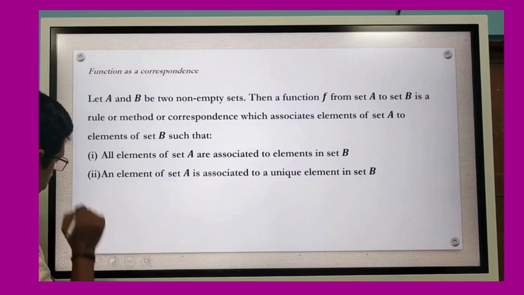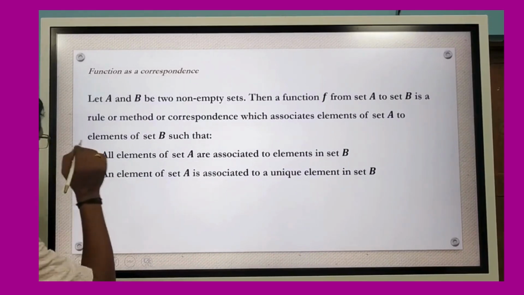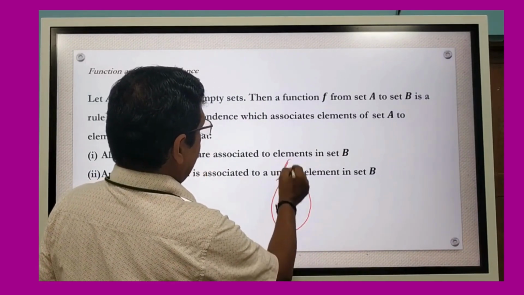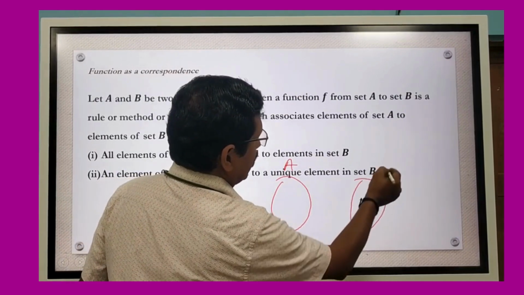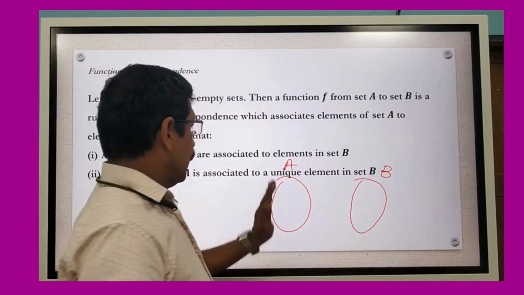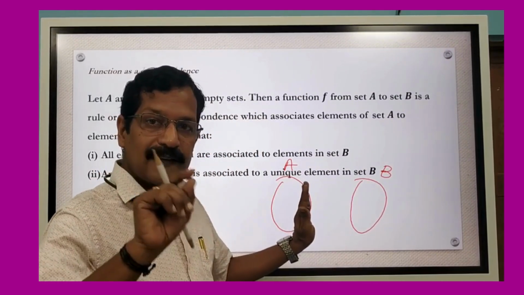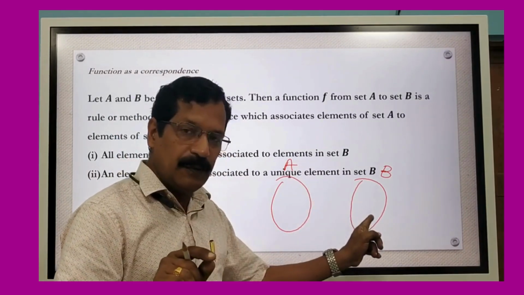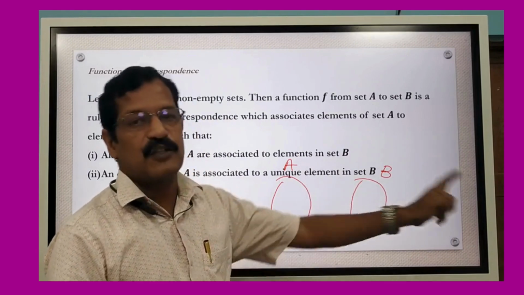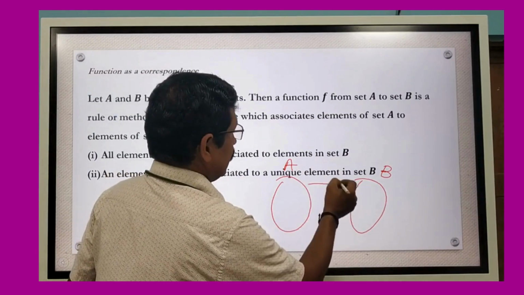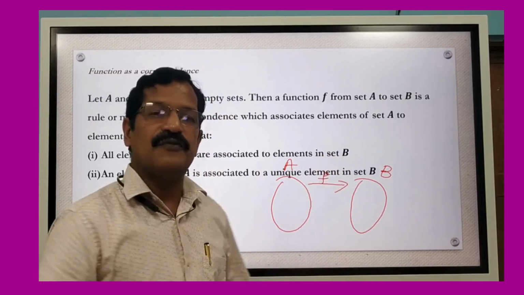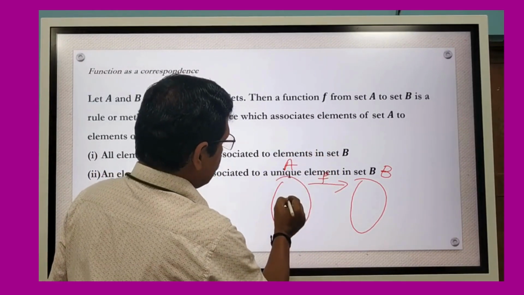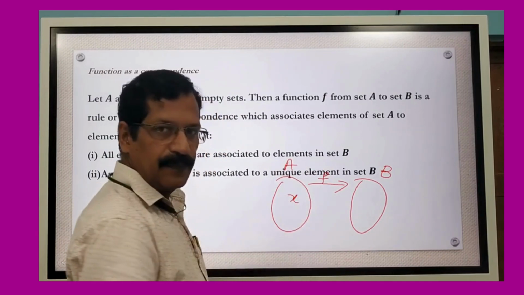Suppose this is set A and here is set B. Every element of A is having a mapping or correspondence to a unique element in B, then that correspondence is said to be a function. If it is denoted by F, we may say that F is that function. Suppose there is an element X here.